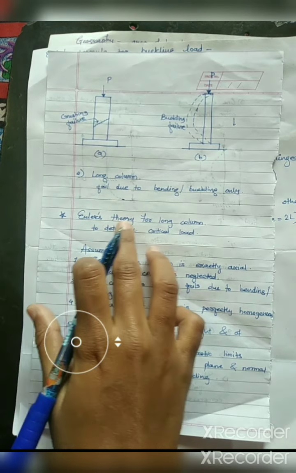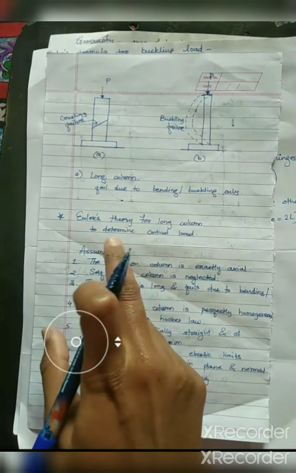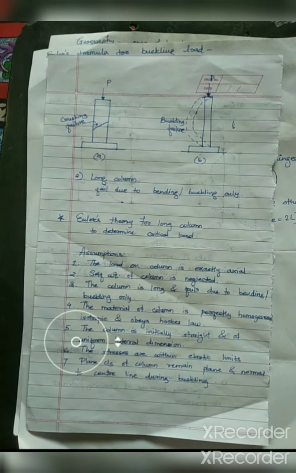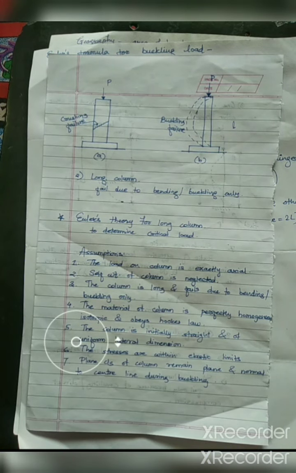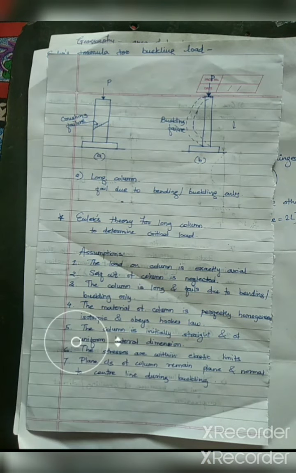So Euler's theory for long columns we are going to study. This theory is used to determine the critical load acting on the column. Okay, this theory is only used for long columns and is not applicable for short columns, and this is the disadvantage, or limitation, of Euler's theory.